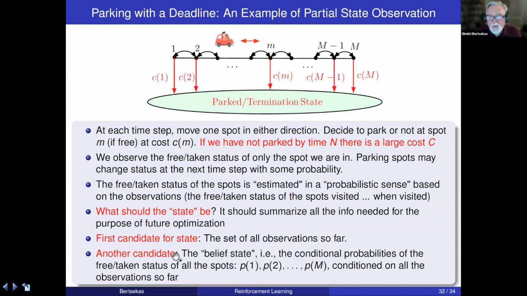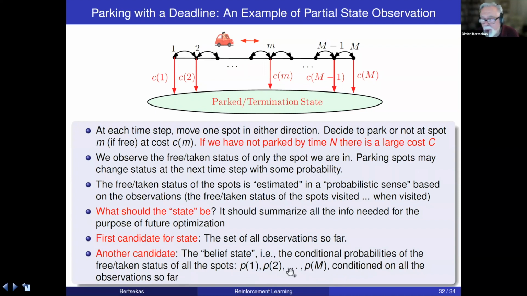So another possibility is to use as state the belief state, the conditional probabilities of the free or taken status of all the spots. So this is a vector of probabilities that's maintained and updated at each time step, and is conditioned on all the observations so far.